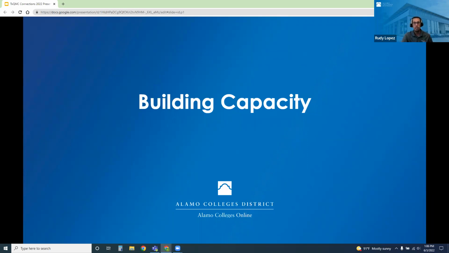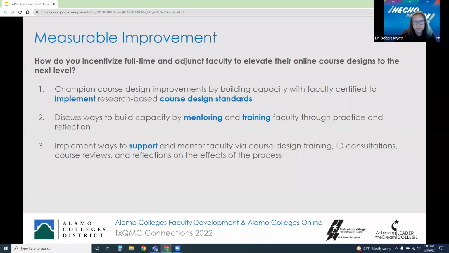With that, we can talk about how we build capacity across the colleges. Yes, and we do build that capacity. It is an aspect of the team's strategic plan to operate in that data-informed environment. The way that we do it is in three big buckets.